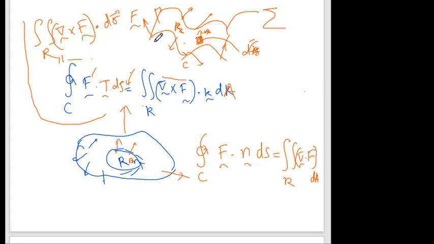Now we want to measure the tendency for this vector field to be aligned with the tangential vector to this boundary.